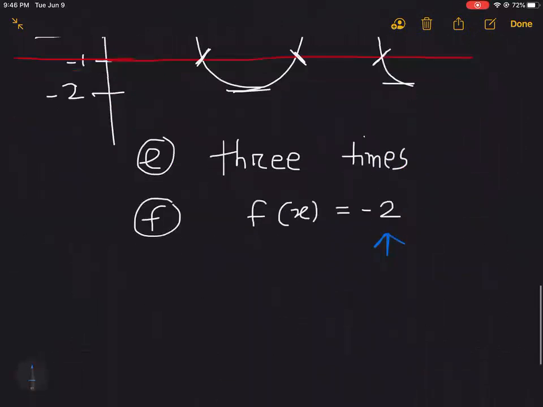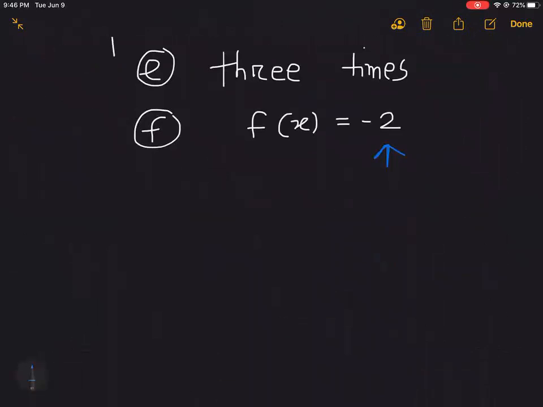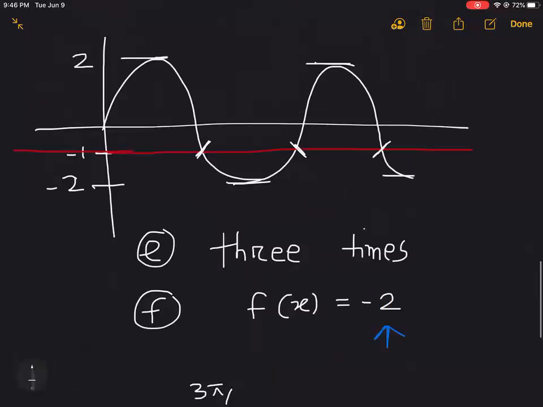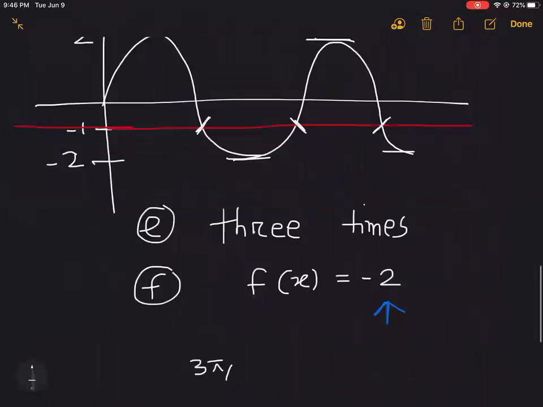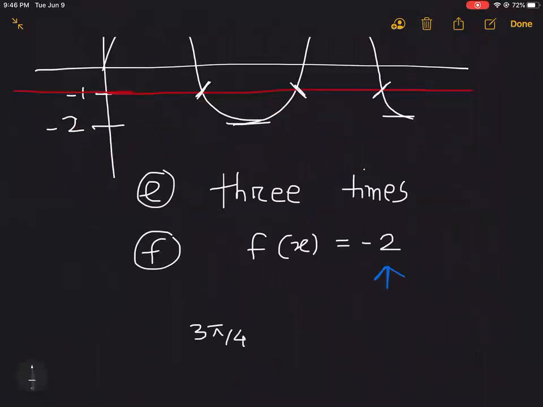So we'll say the values of x would be 3 pi over 4 and 7 pi over 4. Okay, so 3 pi over 4 and 7 pi over 4. For these values of x, our corresponding value of y, or the functional value, would be -2. We can actually eyeball it from the graph, right?